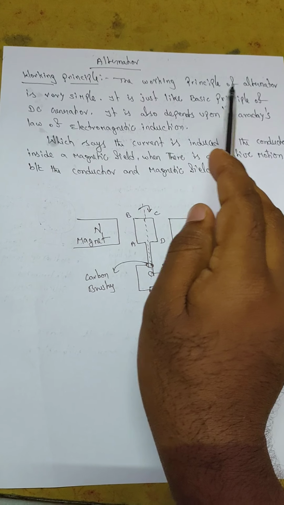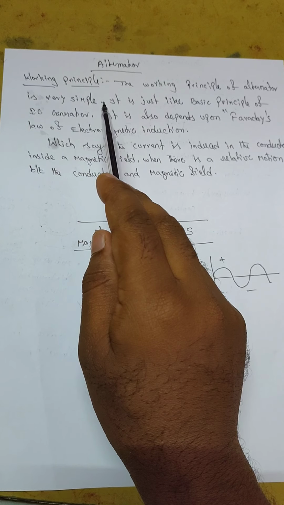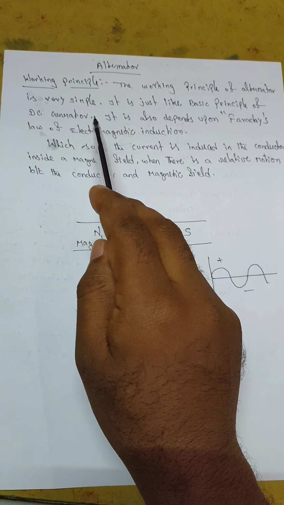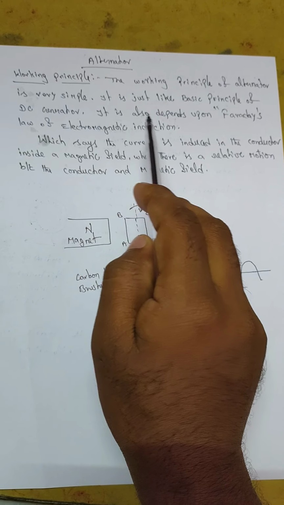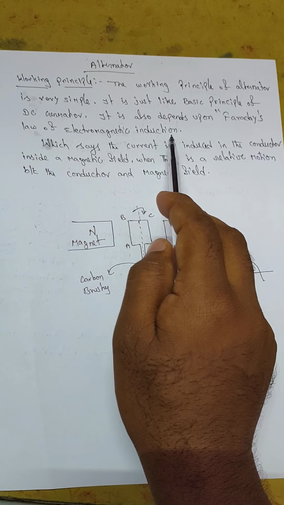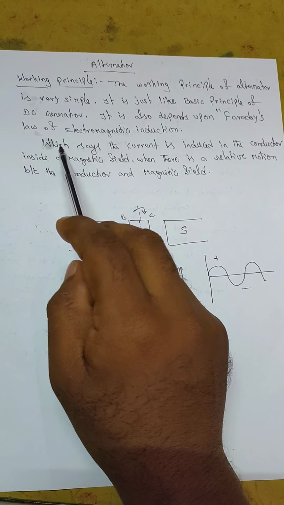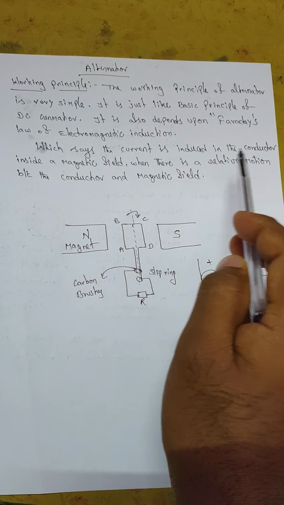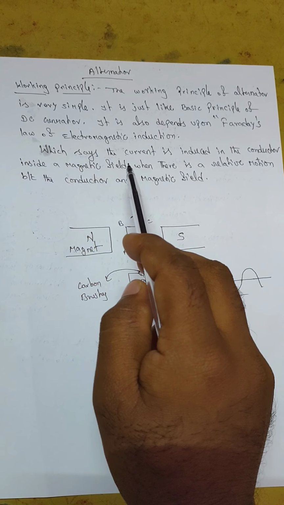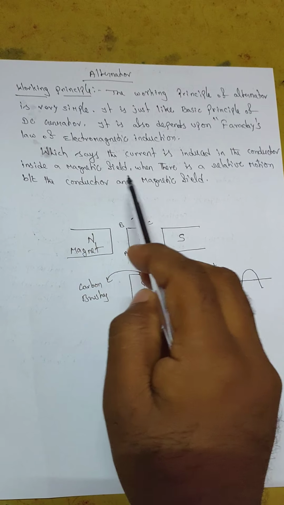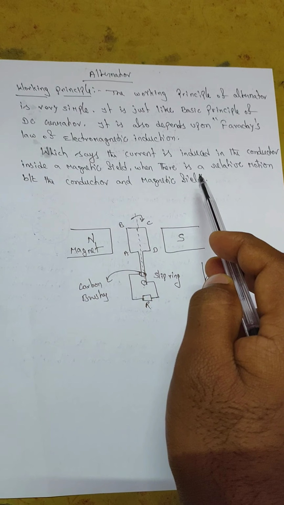The working principle of an alternator is very simple. It is just like the basic principle of a DC generator, and it depends upon Faraday's law of electromagnetic induction, which says that current is induced in a conductor inside a magnetic field when there is relative motion between the conductor and the magnetic field.